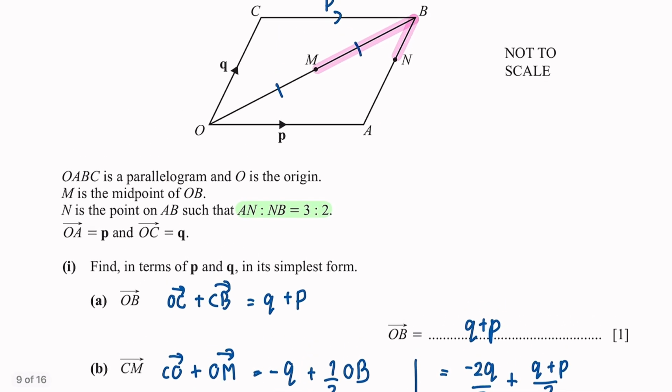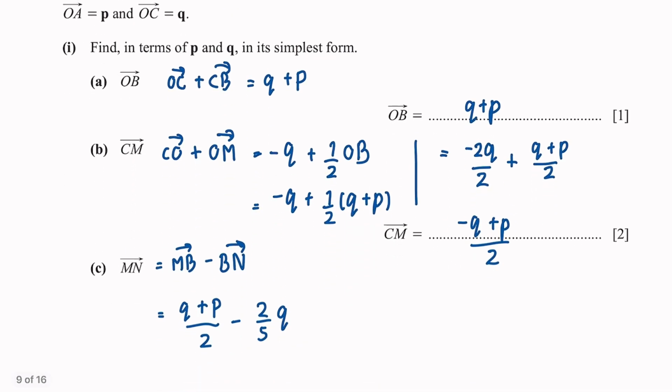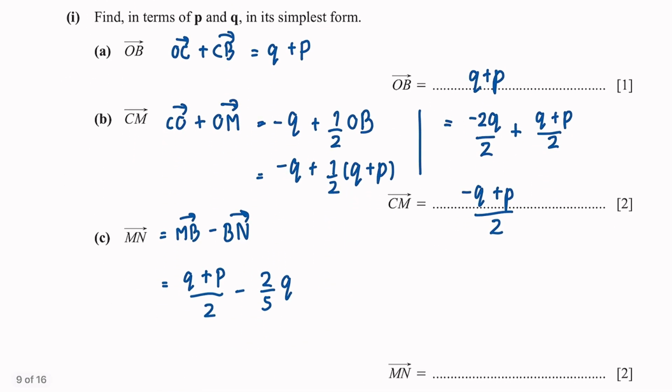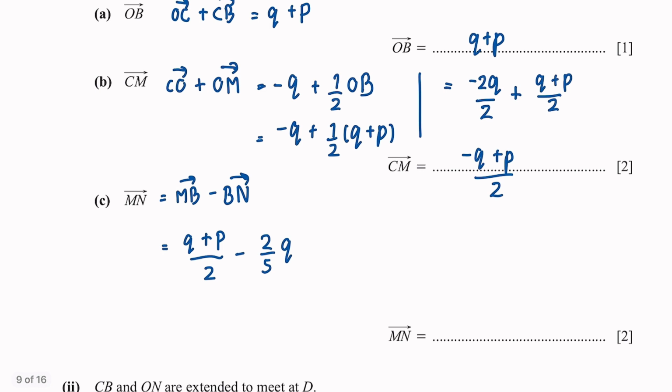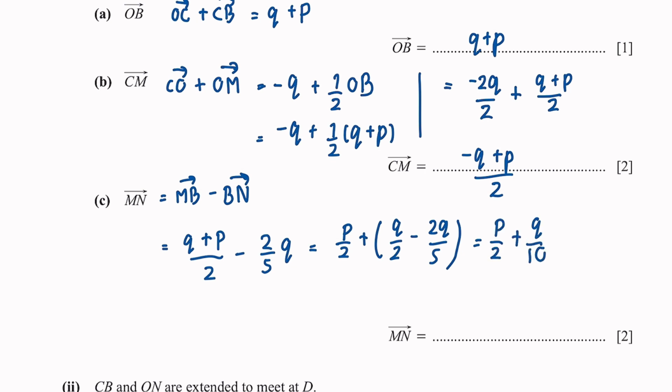Therefore, this is 2, this is 3. So you get P over 2 plus Q over 10 as your answer.